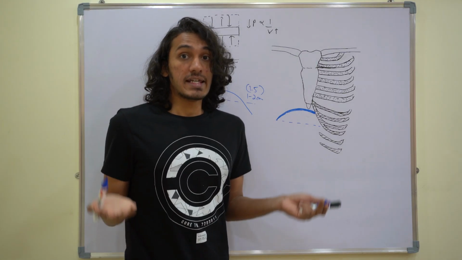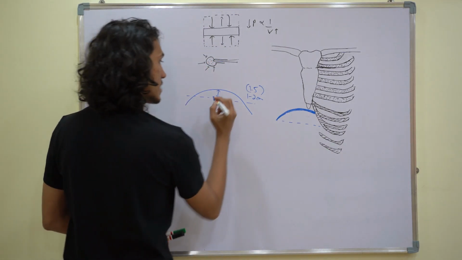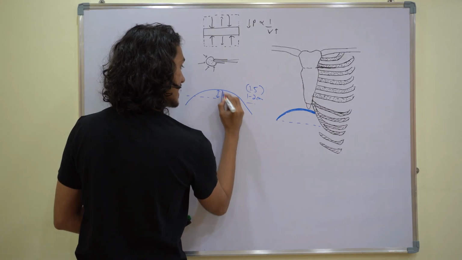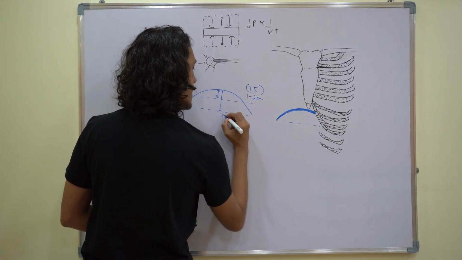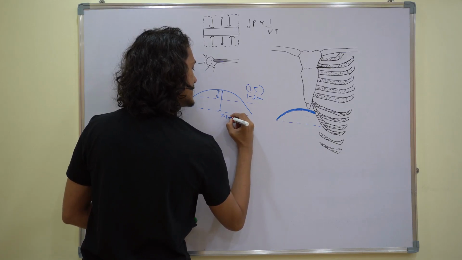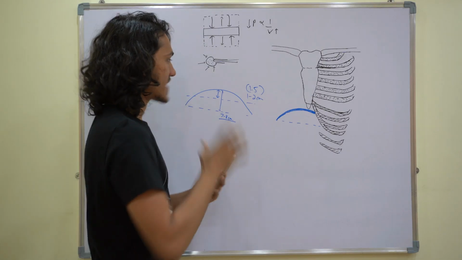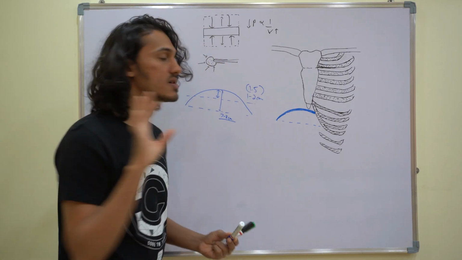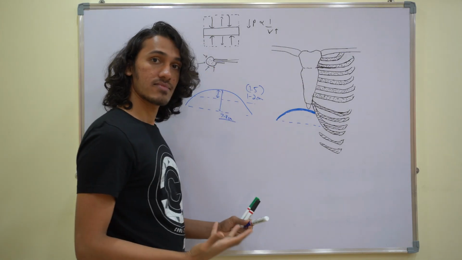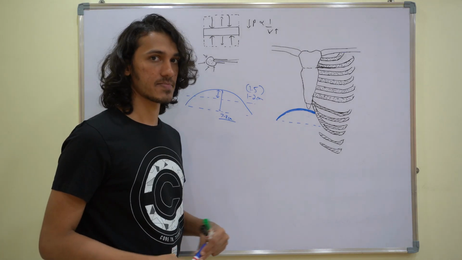But deep inspiration, the diaphragm can go all the way down, and that can account for up to 7. So 7 to 8 centimeter. So tidal ventilation, diaphragm can move up to 1 to 2 centimeter. Overdrive inspiration, deep inspiration, it can go up to 7 to 8 centimeter.